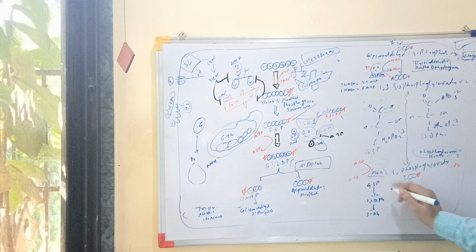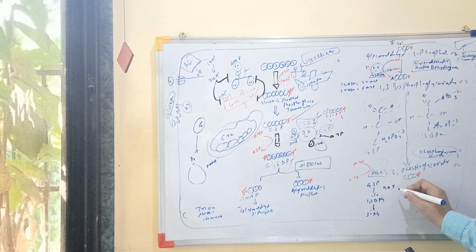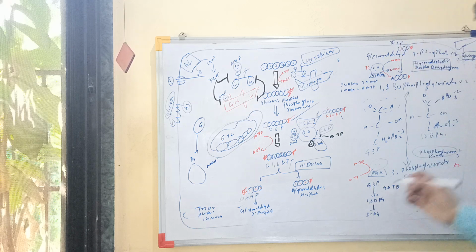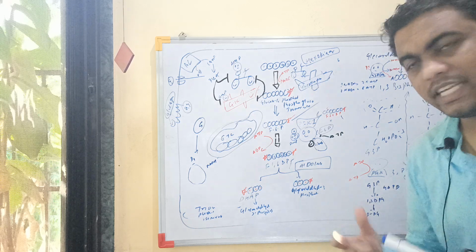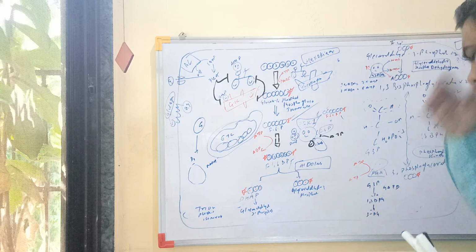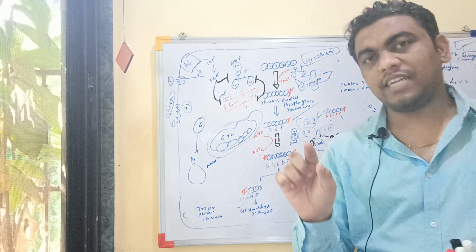So you have here the enzyme glyceraldehyde 3-phosphate dehydrogenase. This enzyme takes inorganic phosphate. Suppose it doesn't take inorganic phosphate and it takes arsenate. So your 1,3-BPG will be there, no doubt, but at the position of phosphate, arsenate will join.